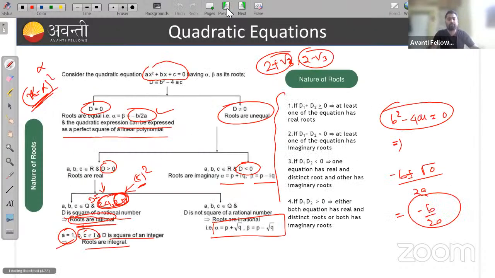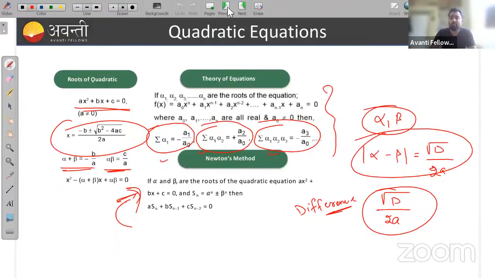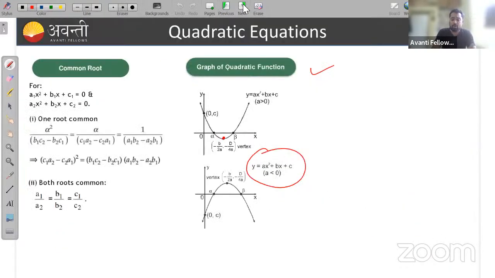Actually, remember, maximum 80% of the questions in the last 3 years were asked on the concept of the relationship between roots and its coefficients.